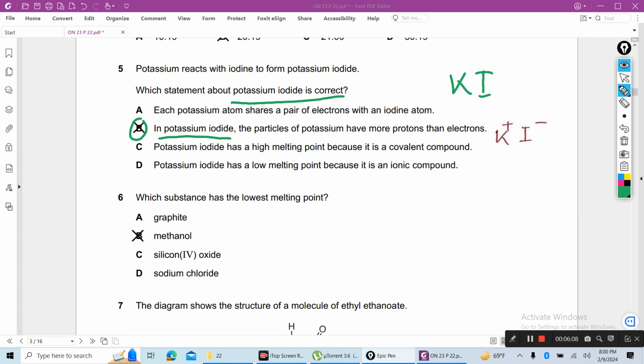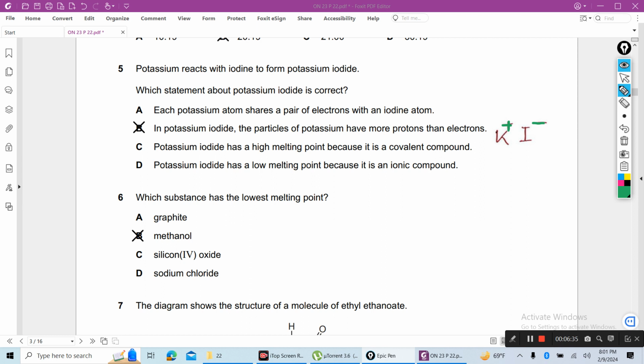In potassium iodide, the particles of potassium have more protons than electrons. In potassium iodide, potassium is K plus and iodide is I minus.